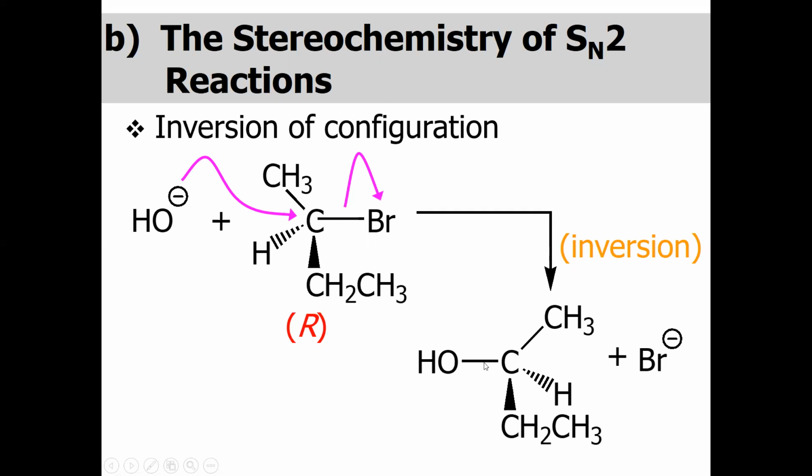Now you can visualize it. The hydroxy group has the priority, then ethyl, and then the methyl. Now it is moving in this way, and this molecule now has the S configuration. So you can see how, when the nucleophile attacks the carbon, its stereochemistry changes.